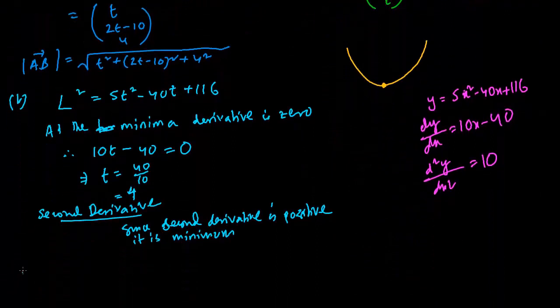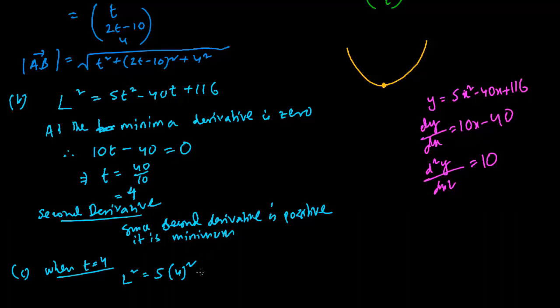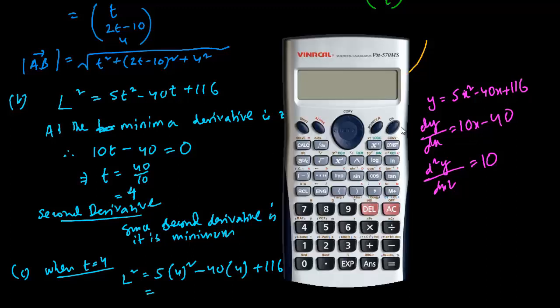So what we do over here, when t equals 4, then L squared equals 5 times 4 squared, putting it over here, minus 40 into 4 plus 116, and this turns out to be 16 fives, 80, minus 40 into 4 is 160, plus 116, and that is 36.